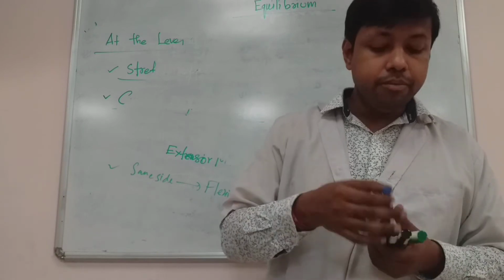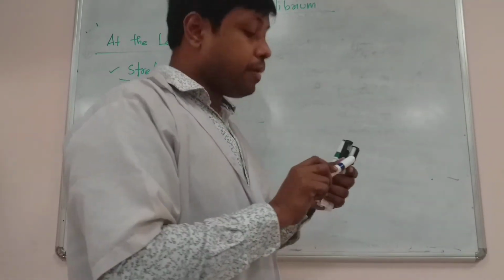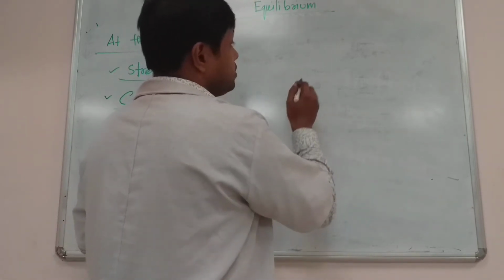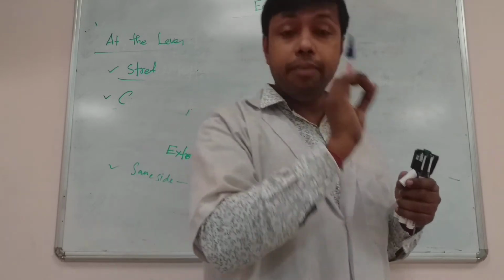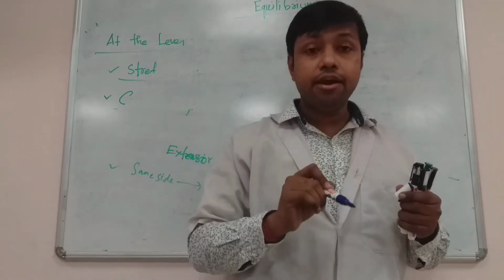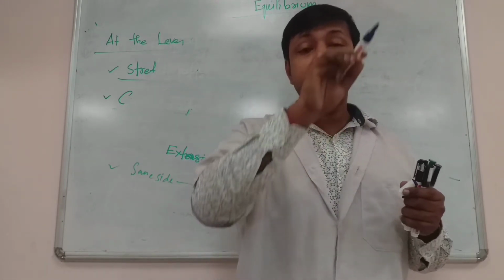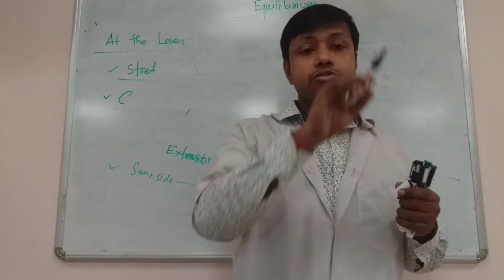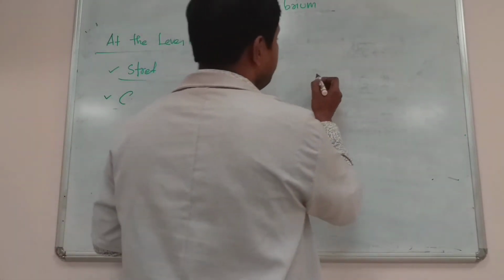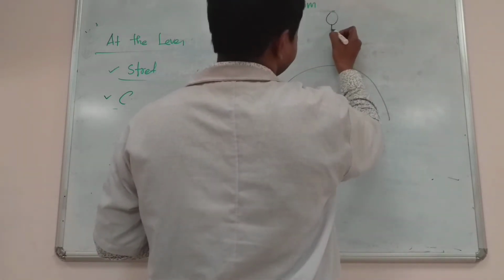Now the problem is that to maintain equilibrium or a state of stabilization of a particular individual or animal, the center of gravity of the animal or object, and the center of the Earth, the line of gravity, should pass through the base of the particular animal. Suppose for human beings, suppose this is the Earth and this is the human being.